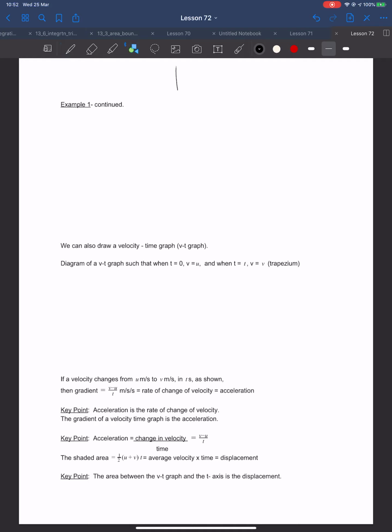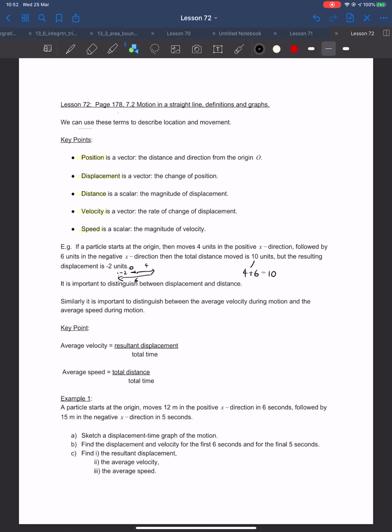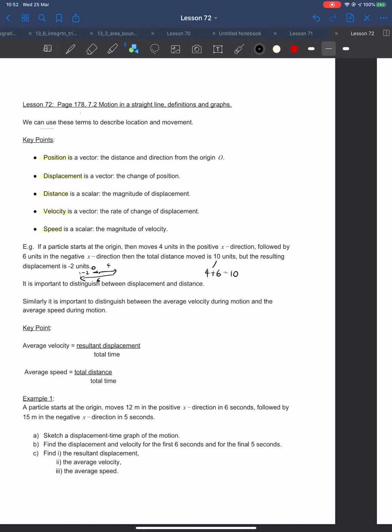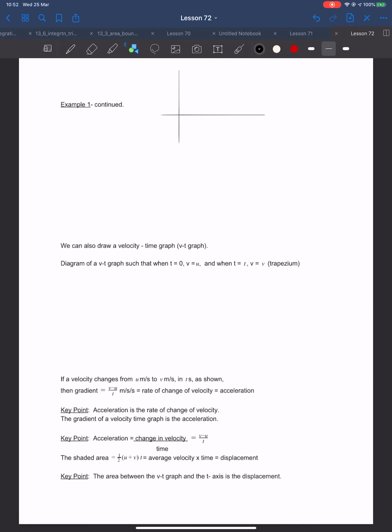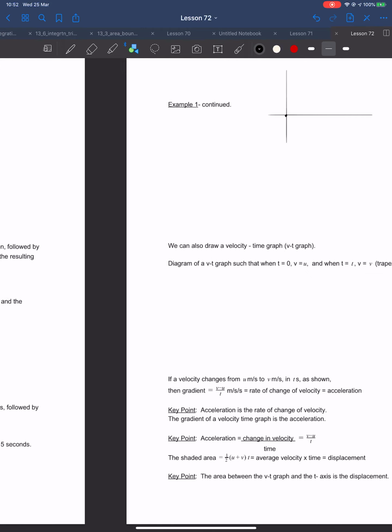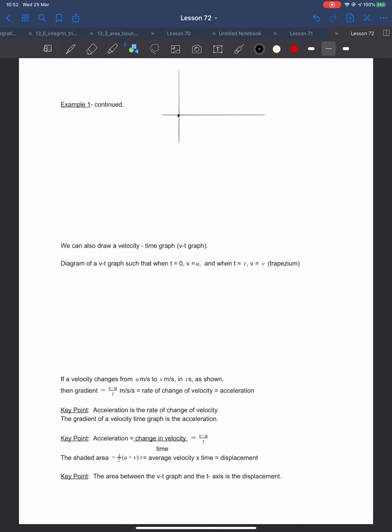Right, so what we've got here is, okay, so it starts at the origin, moves 12 in the positive x direction. So it starts here in how many seconds? In 6 seconds. 1, 2, 3, 4, 5, 6.